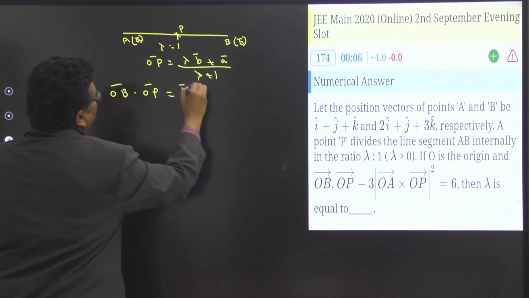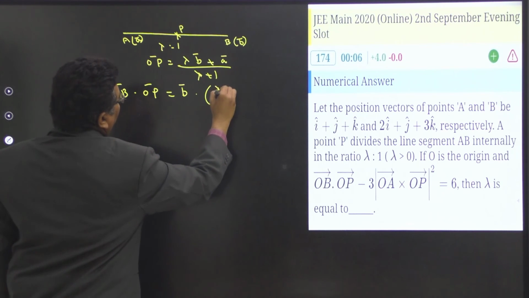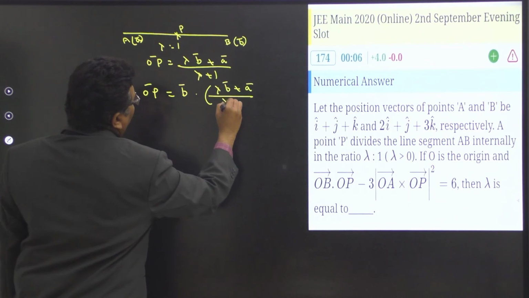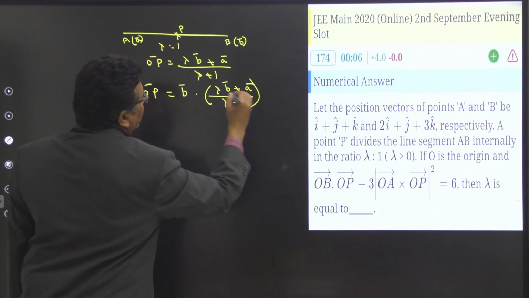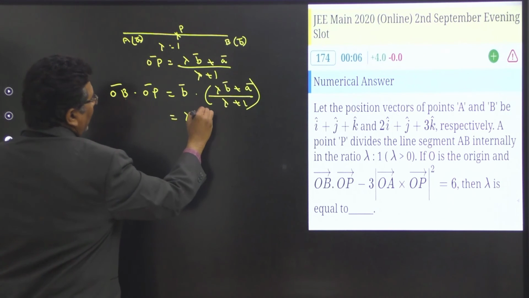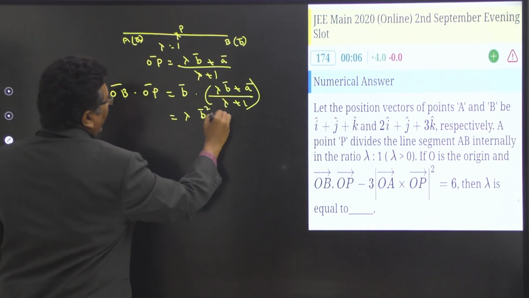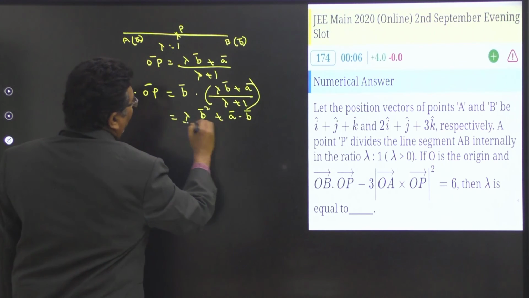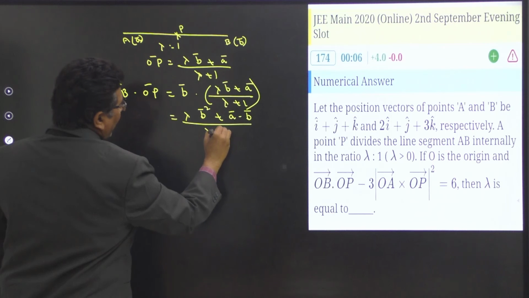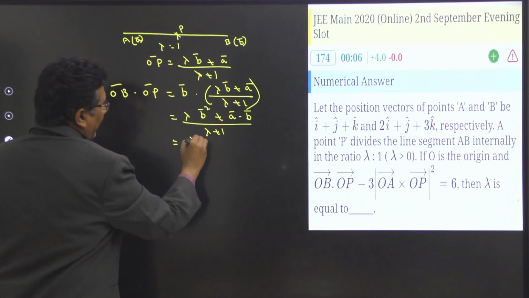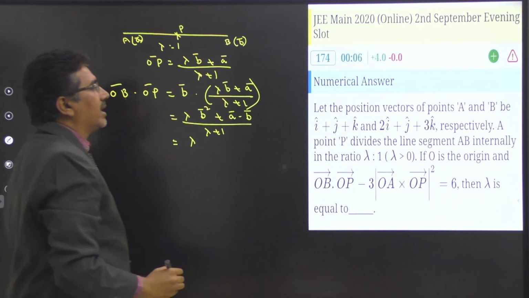OB bar dot OP bar is B bar dot lambda into B bar plus A bar, divided by lambda plus 1. That is equal to lambda into B bar dot B bar, that is B bar square, plus A bar dot B bar, divided by lambda plus 1. What is B bar square?